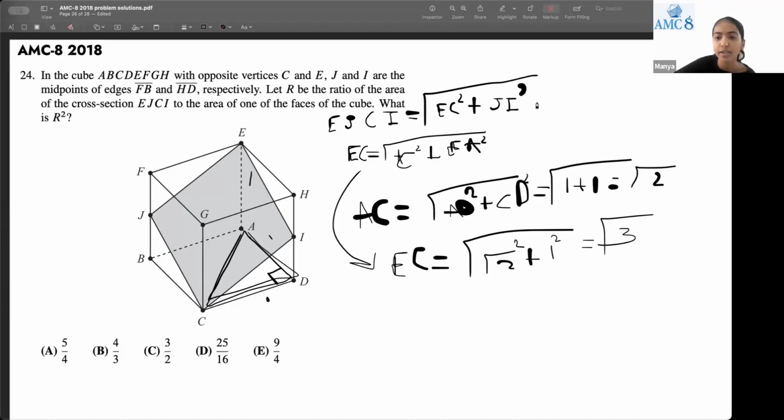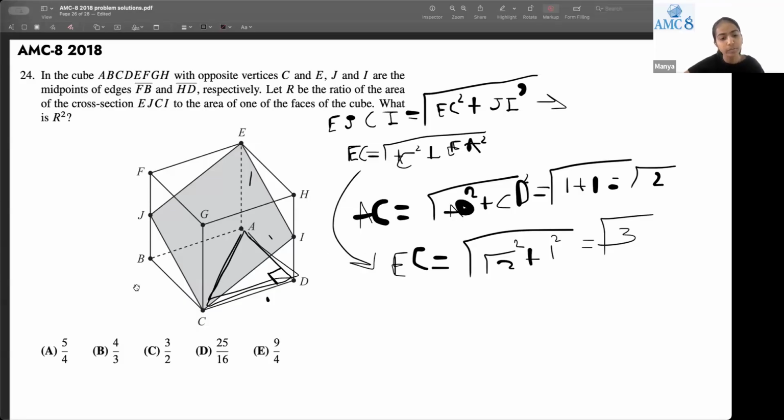Well, what's JI? To find JI, we know that JI is equal to BD. They both are parallel to each other. So JI is equal to BD. What's BD?